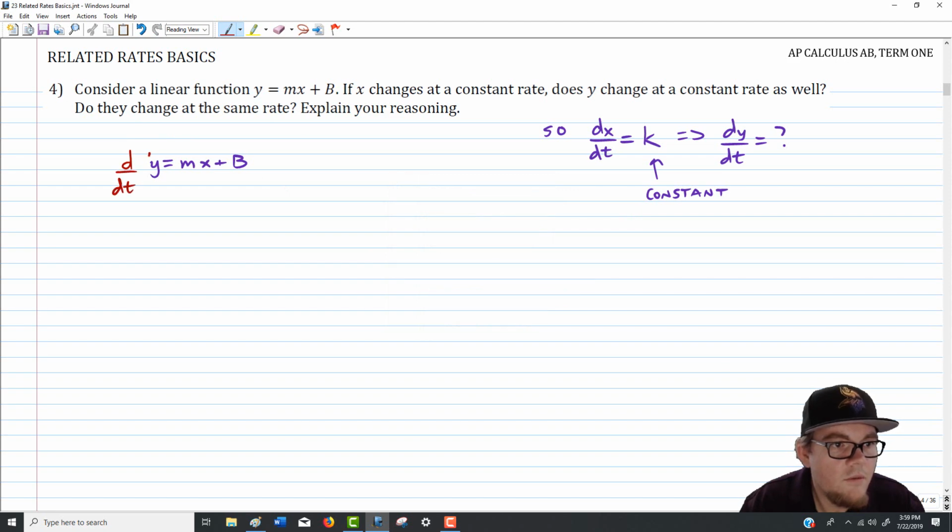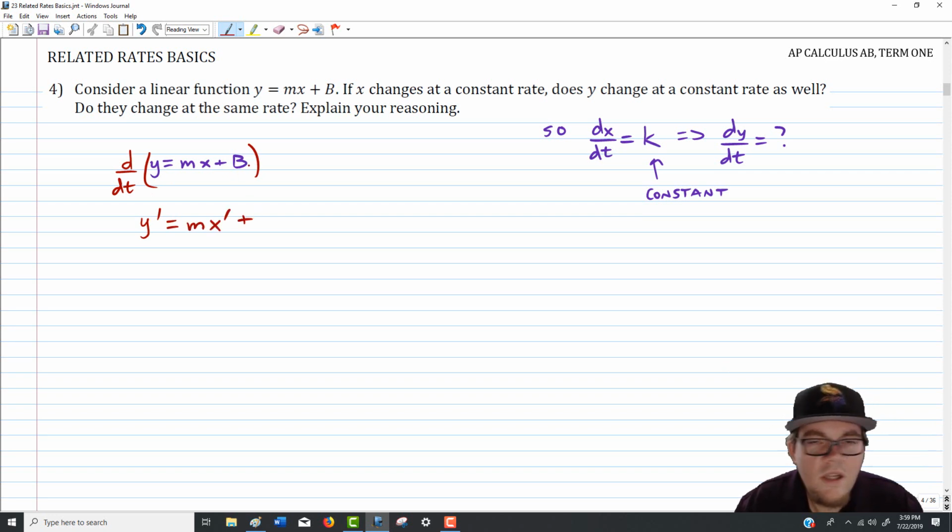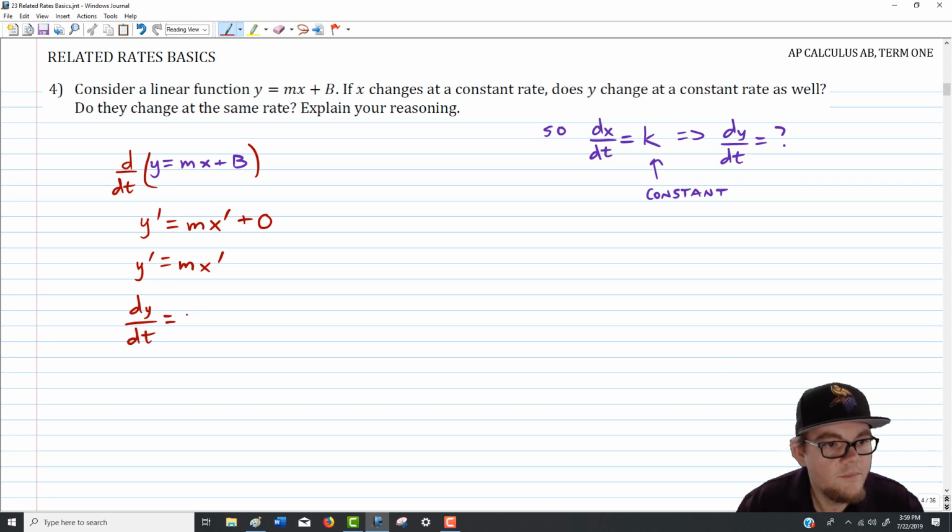So we're going to take the derivative with respect to time of this entire equation. We'll of course get y prime equals m times x prime. And then b is just a constant without any variable whatsoever, so its derivative remains 0. So that means y prime is equal to m times x prime, or better yet, dy/dt equals m times dx/dt.